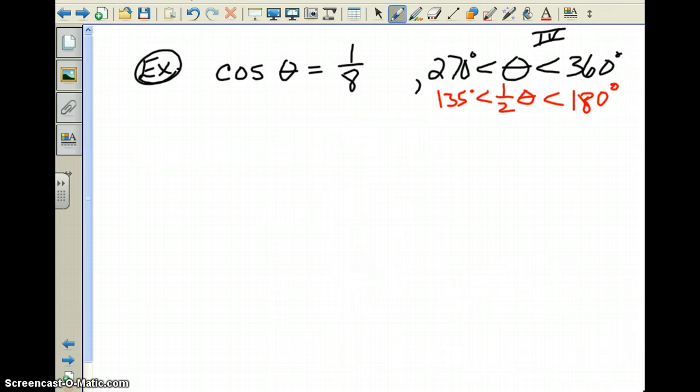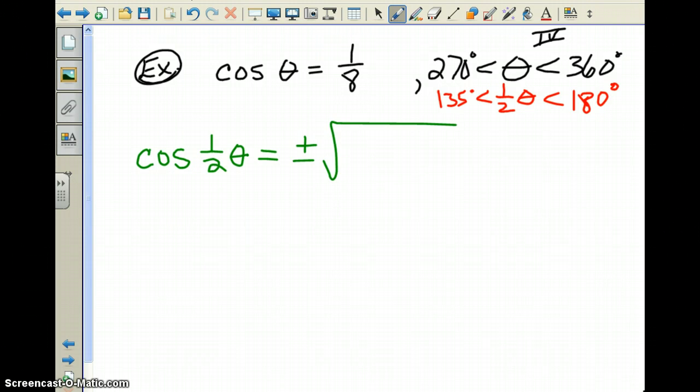Let's take the same information now and find cos of half of our angle. So here is our identity for cos. Very similar to sine of half angle, but it's a 1 plus cos underneath the square root. So now again, let's decide on the positive or negative in the front.